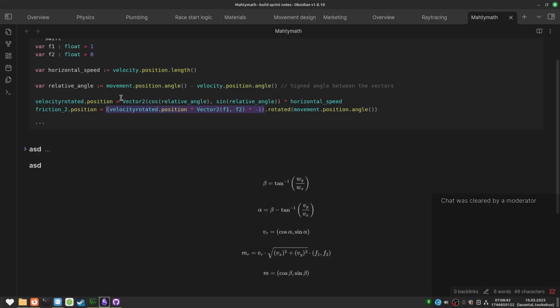Are doing this. Well, velocity rotated. I never multiplied it by the speed actually.